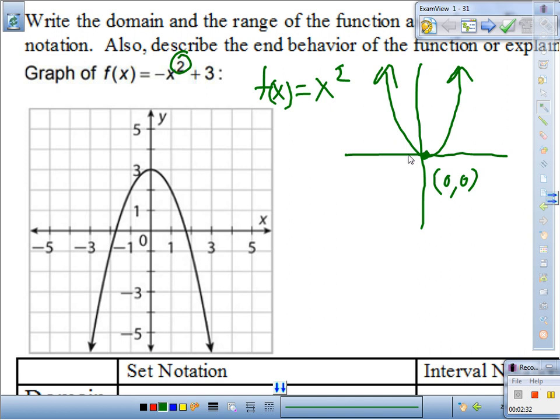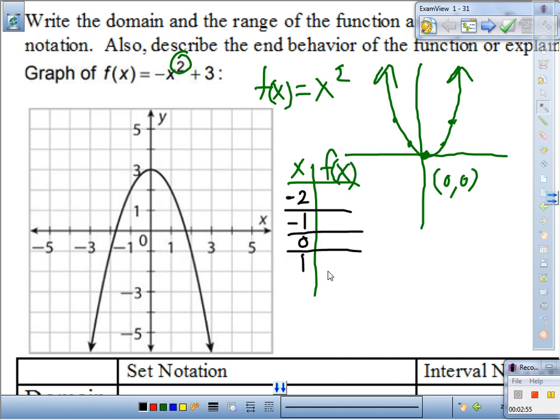And these points right here, which usually they're going to give you for this first one, they're going to give you the graph. But the points are here, here, here, and here. How do we get those points? Well, x, f of x. You guys remember that? What values do we use, guys, most of the time? Negative 2, negative 1, 0, 1, 2.